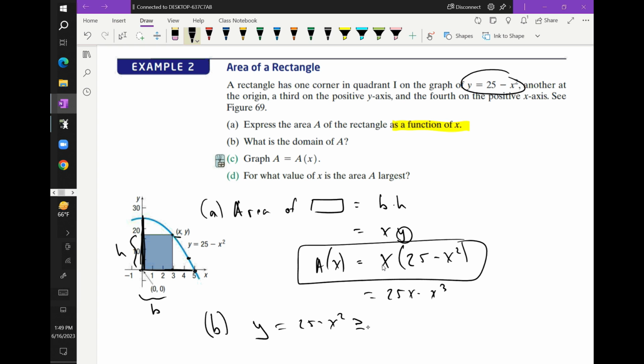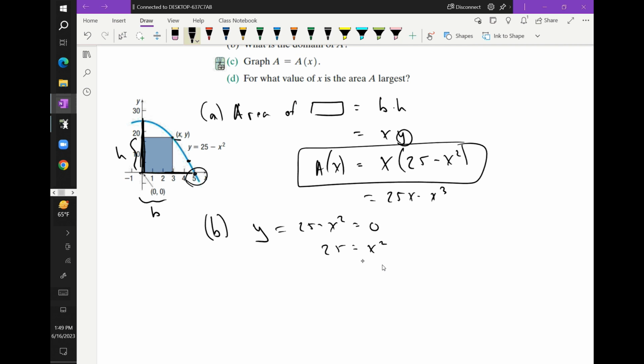25 minus x squared. That value has to be bigger than or equal to 0. So we could do this algebraically as well. Let me just set it equal to 0. So when does that go to 0? I'm going to figure out this value right here, and it should be 5. If I move my x squared over, I get 25 equal to x squared.